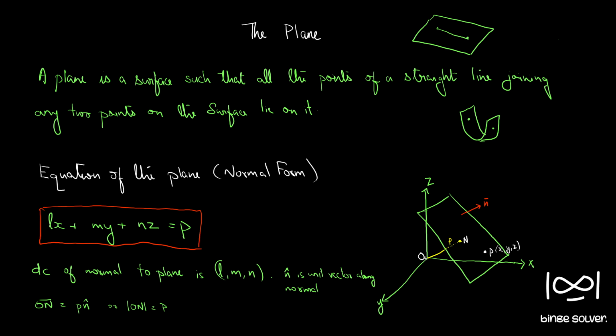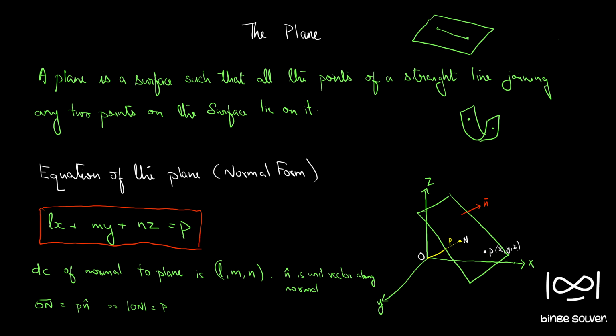To find the distance from origin to the plane, we drop a perpendicular from origin to this plane, and ON be that perpendicular. The length of ON is P. So if we have the direction cosines of the normal to the plane and the distance from origin to the plane, we can construct the normal form as Lx + My + Nz = P.